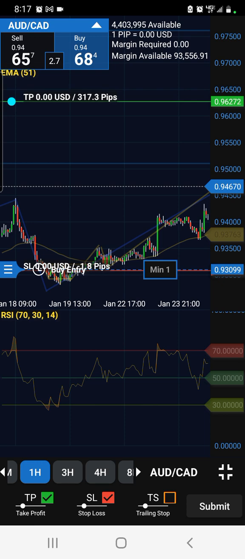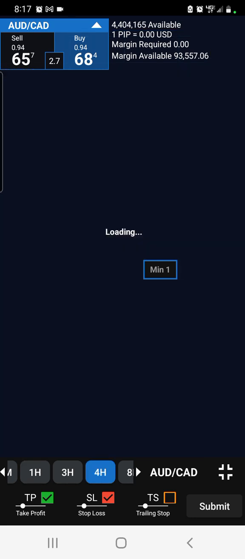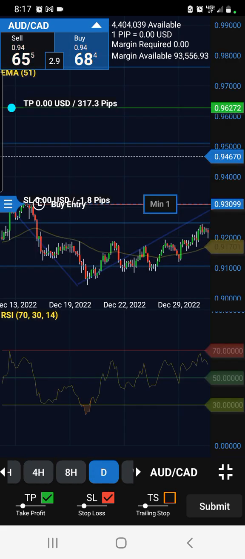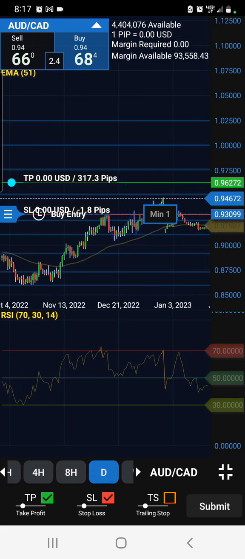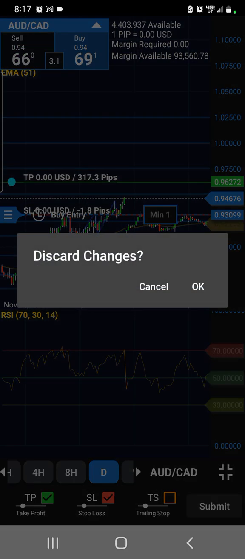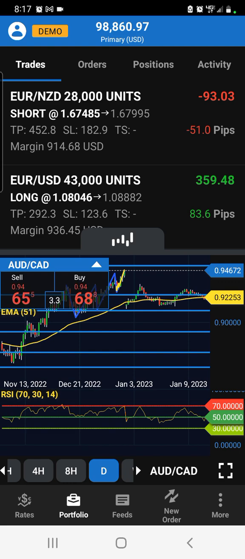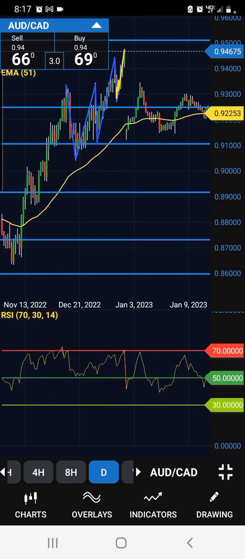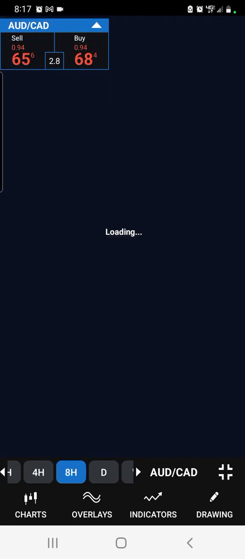But I'm going to go to the daily time frame now. See if I can get this thing to load for me. We're just going to discard the changes. I think y'all get the idea.